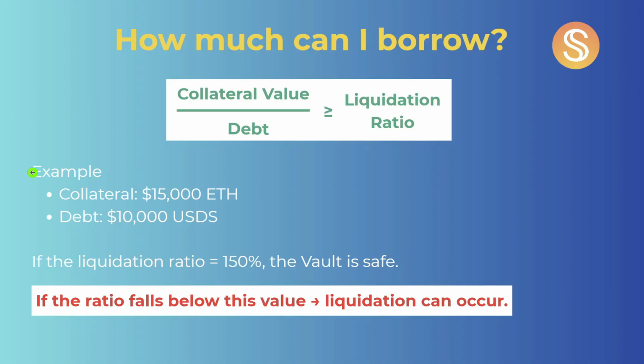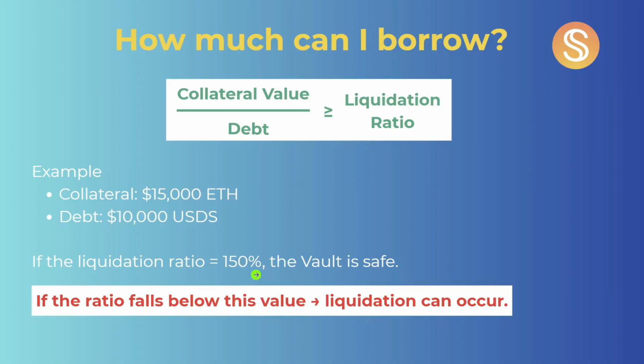For example, if we deposit $50,000 worth of ETH and we mint $10,000 USDS, we are at 150% collateralization ratio.